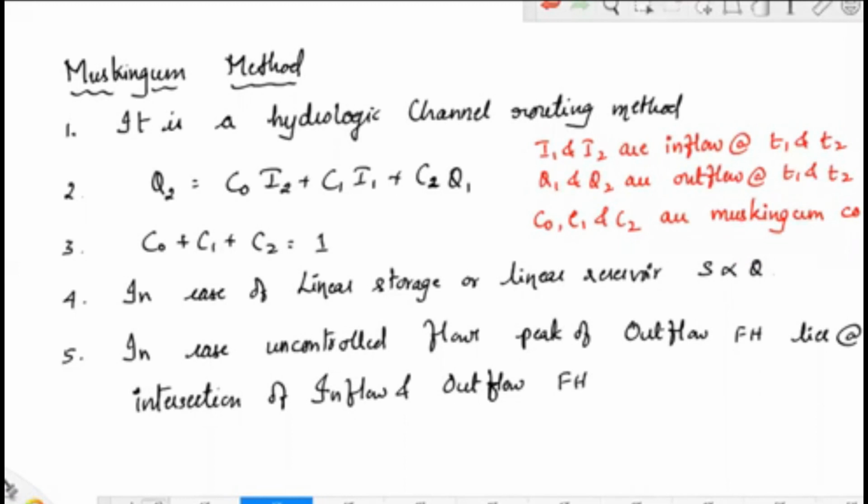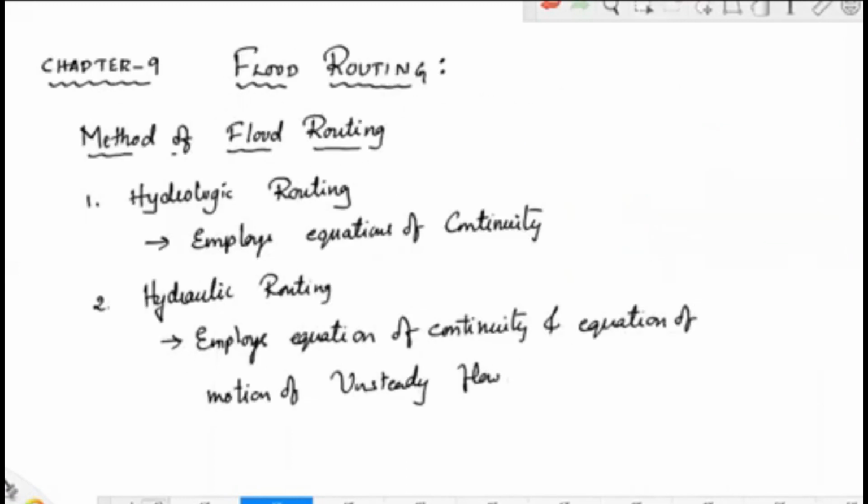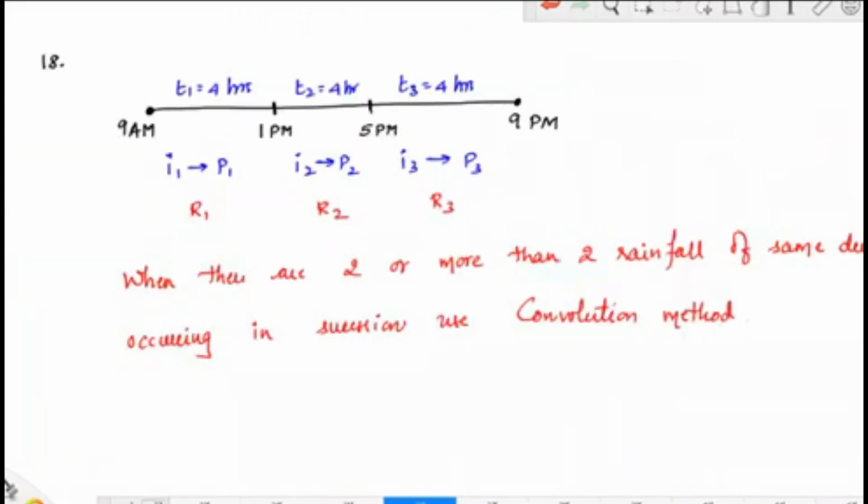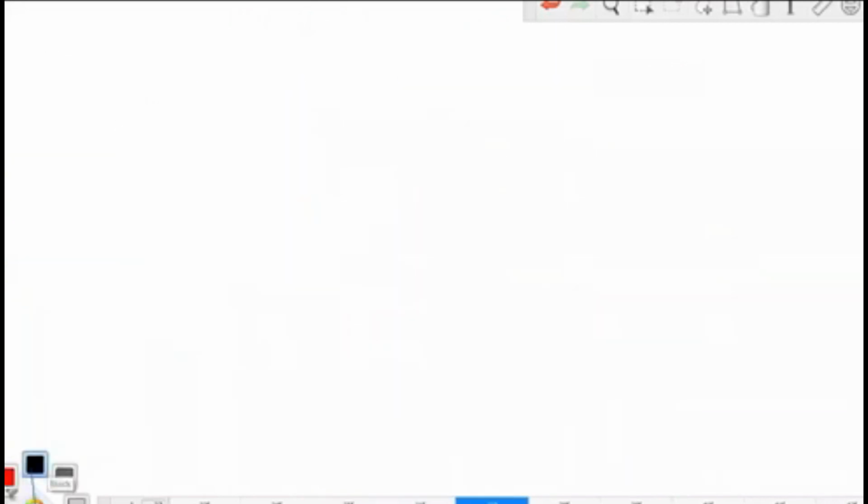So the S curve question I have solved just now, na? So if you are going for the convolution method, I'll show you a table.